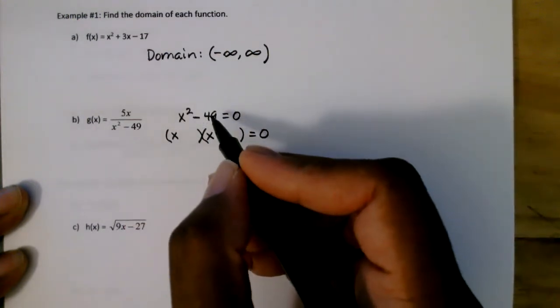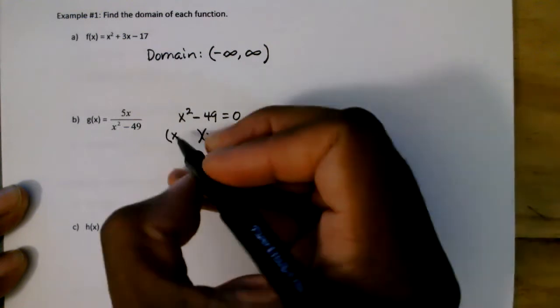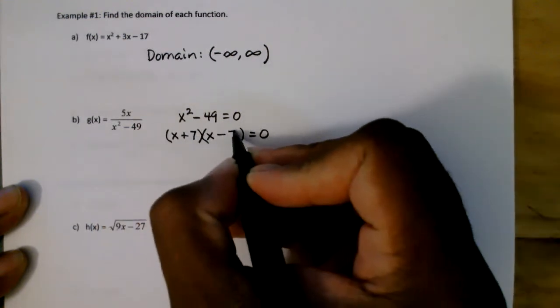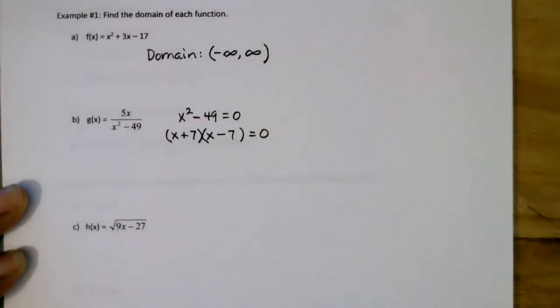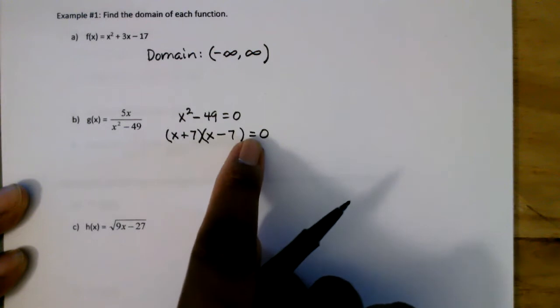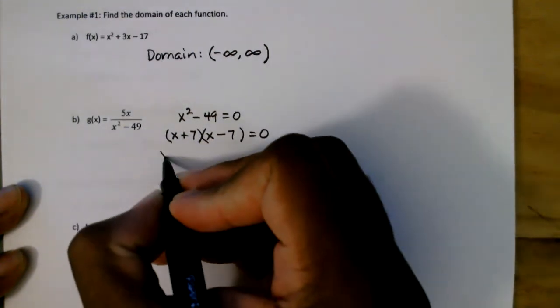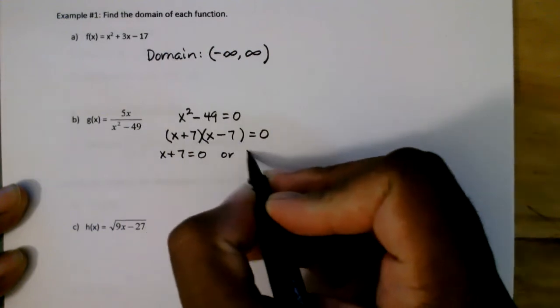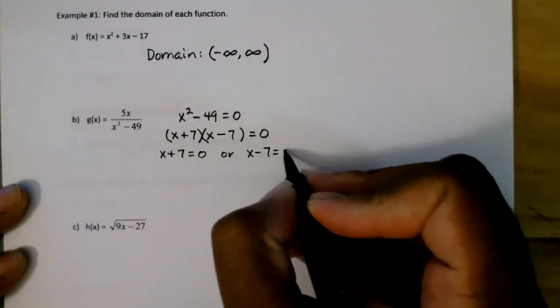Factors of 49 are 7 and 7, but since it's a difference of two perfect squares, one has to be plus, the other one has to be minus. So we have x plus 7 times x minus 7 equal to 0. Then we set each factor equal to 0: x plus 7 equals 0, or x minus 7 equals 0.